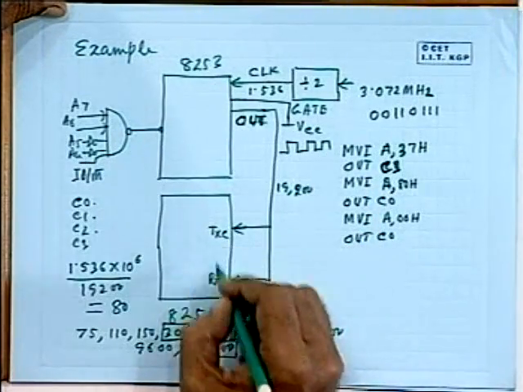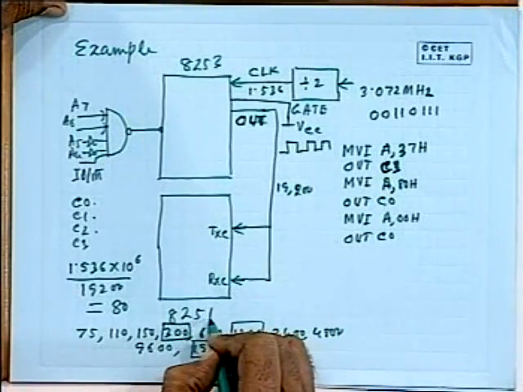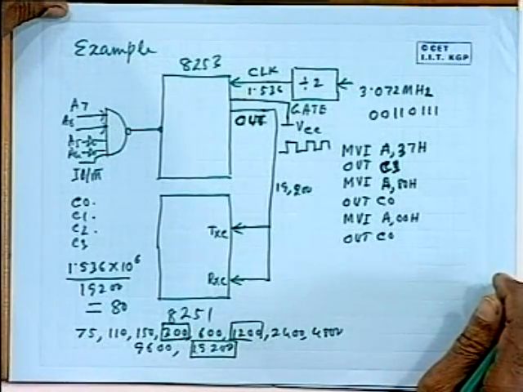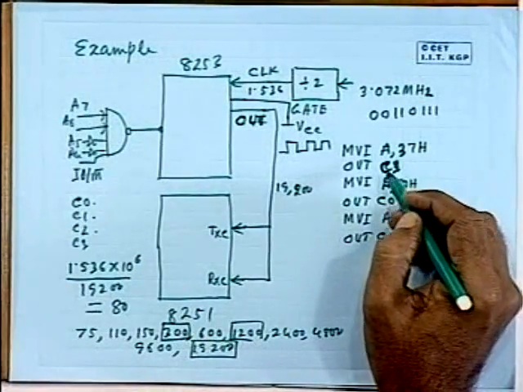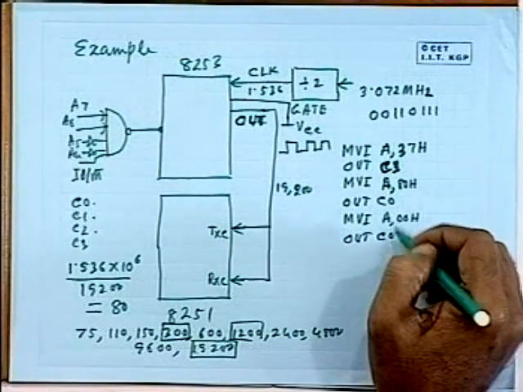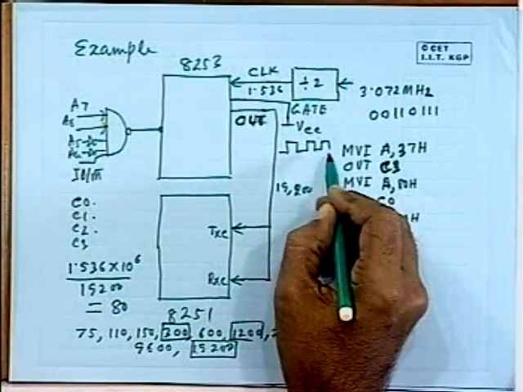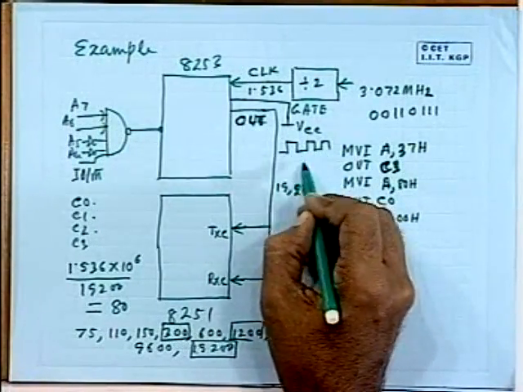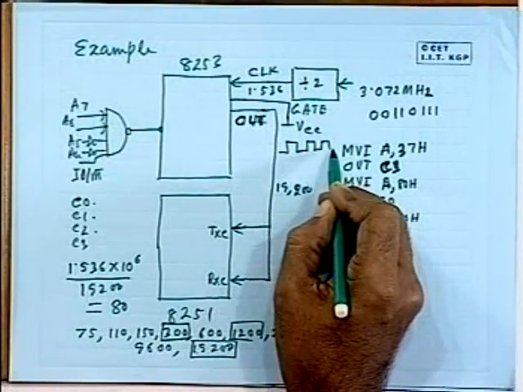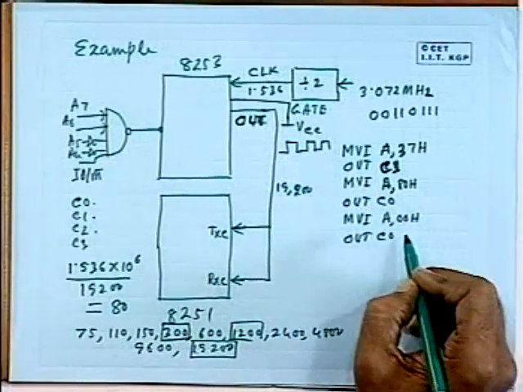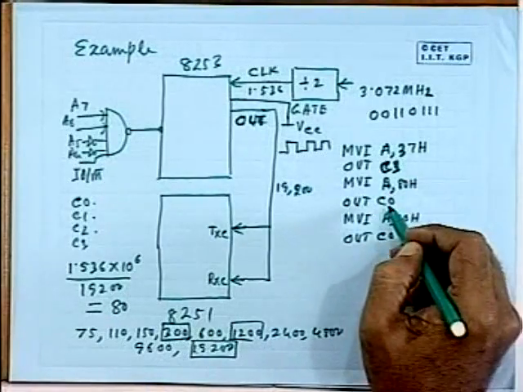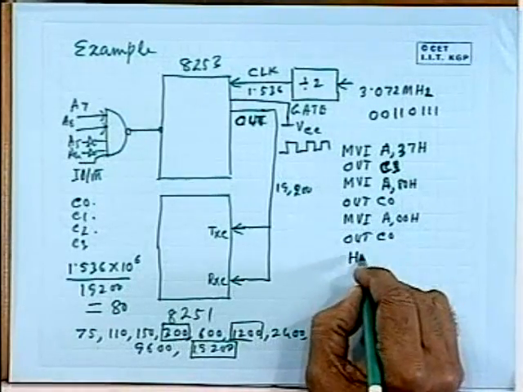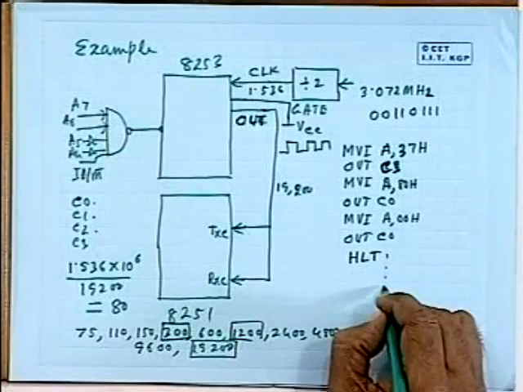Apply it to this 8251 serial port chip. So you see, by writing this simple program, you are able to generate the clock continuously, and the microprocessor is free to do anything after this program is executed. After that, either you can put halt, or there can be another piece of code.